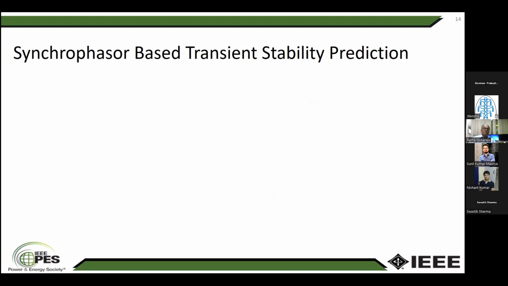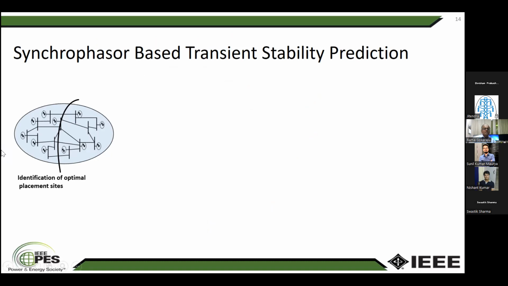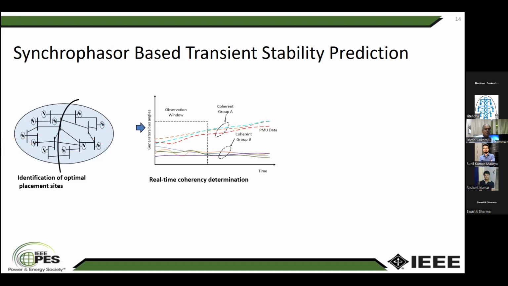So the synchrophasor-based transient stability prediction, that is, using the phasor measurement units, I'm going to explain to you. This was work which I did for GE a couple of years back. This is one system. Here we are showing the optimal placement sites for the PMU locations, so that the entire system is observable.